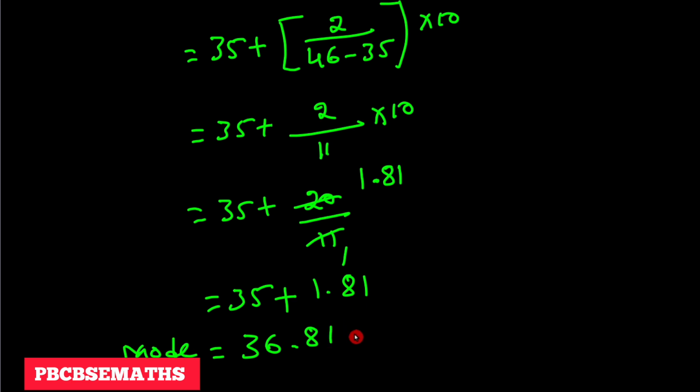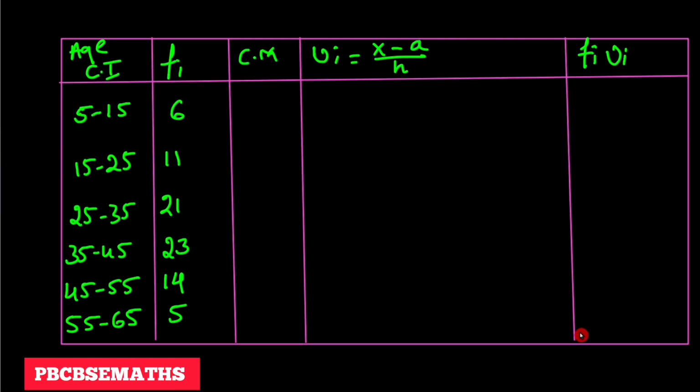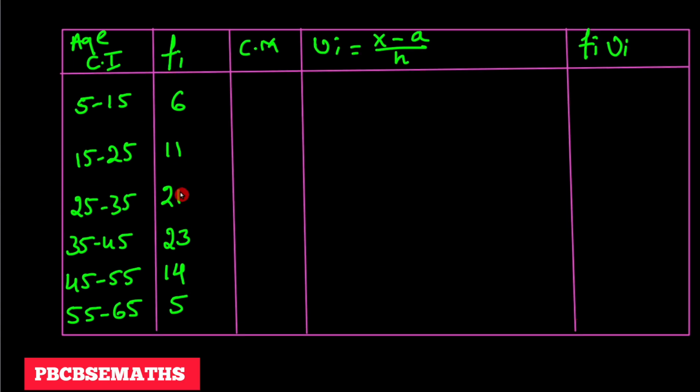Now let's calculate the mean for this given data. For that, we have the class interval, that is age, and the given frequency. Let's calculate this mean using the assumed mean method. For that, we have to take any one class mark as the assumed mean. So let's first find out the class marks of this given data.